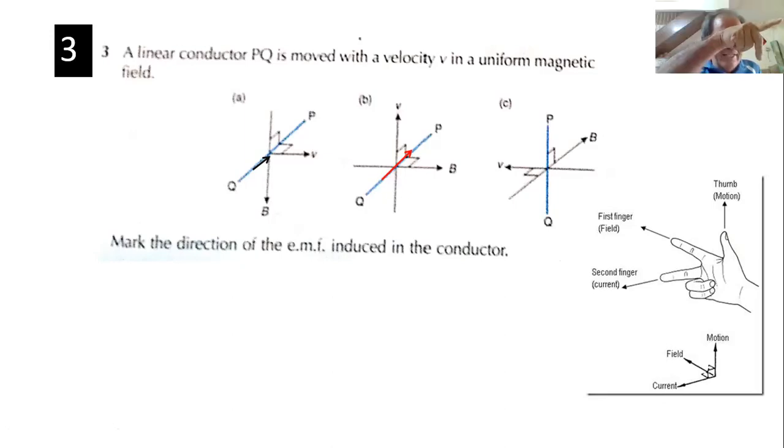Yeah, right hand always. Induced one is always right hand. Okay. Field is going in. Your velocity is to the left, or motion is to the left. Oh yeah. P to Q. Yeah. Going down. Going down or going up?